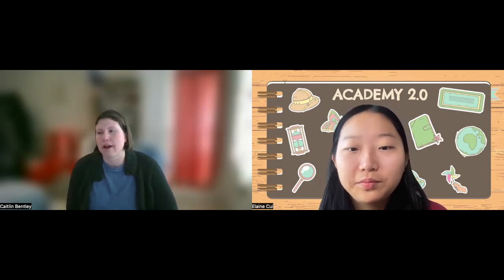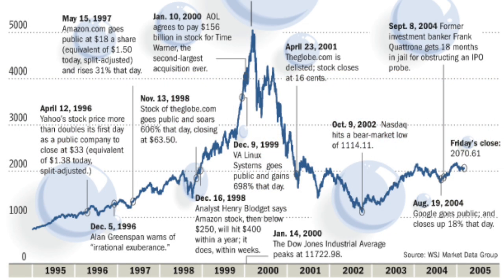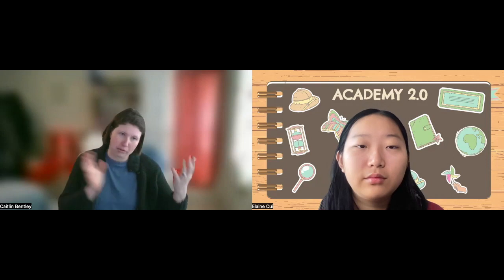And when I graduated from computer science in 2003, the tech bubble had burst. There was a tech bubble in the 90s, early 2000s, and this was when Google was starting out, and there were lots of jobs at one point, and then the tech bubble burst, and then there were no more jobs.